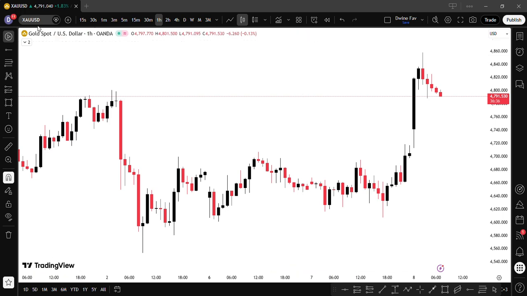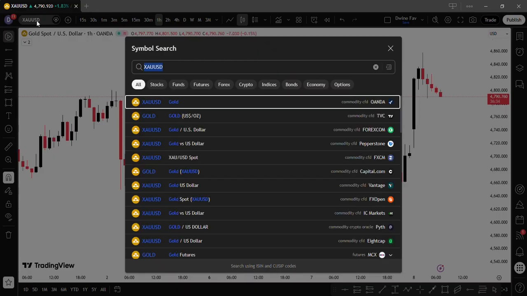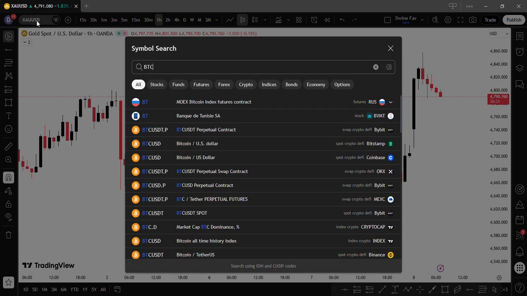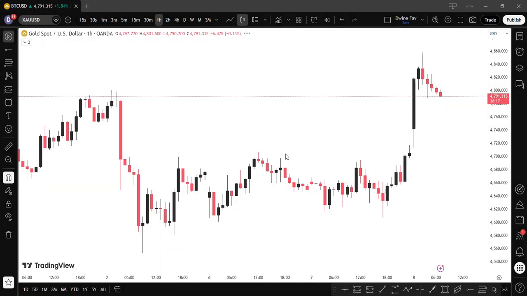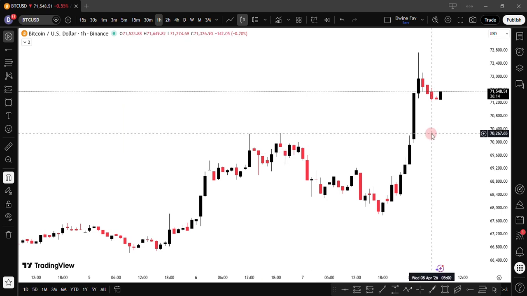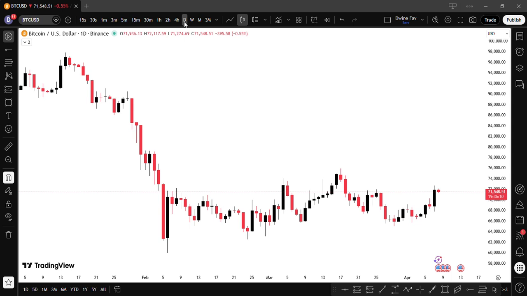Let's check the BTC. You see, it's pushed up massively, and that's on a daily.